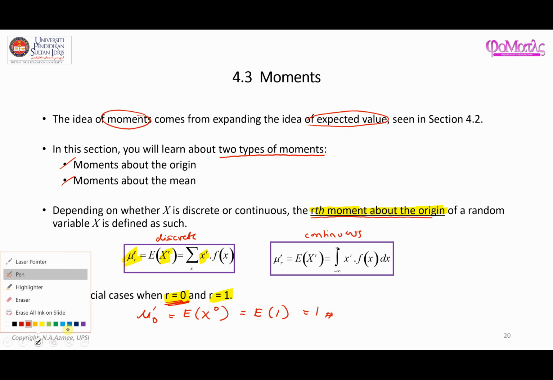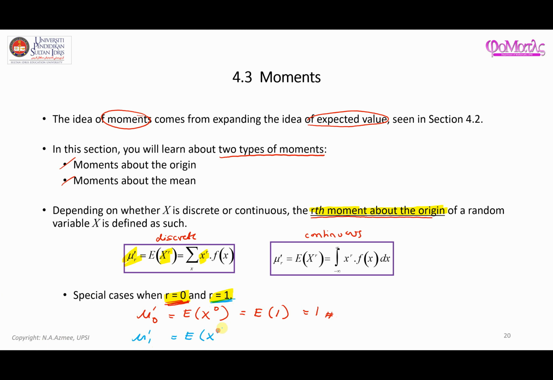Next, when r is 1, we are talking about the first moment about the origin. So we have E[X^1], which becomes E[X], and this is known as mu. The expected value of x is known as mu.